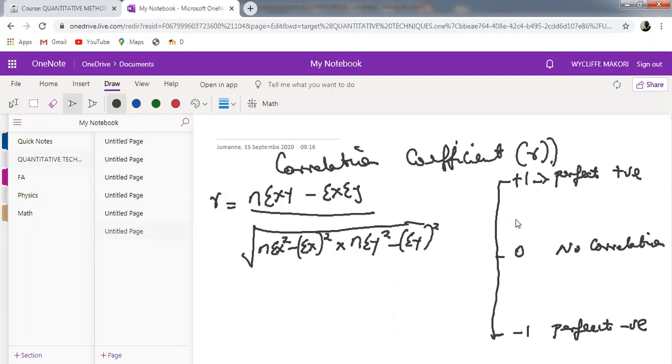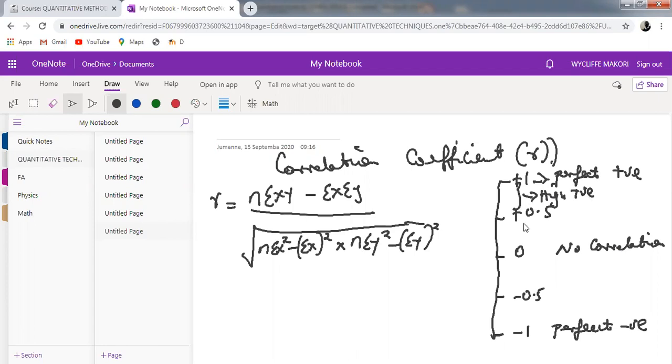And then here we have +0.5. Here we have -0.5. So this region between +0.5 and +1 is the region of high positive. If you calculate your value and find it is +0.6, 0.7, 0.8, 0.9, that is a high positive.